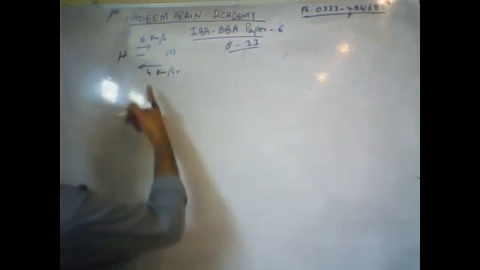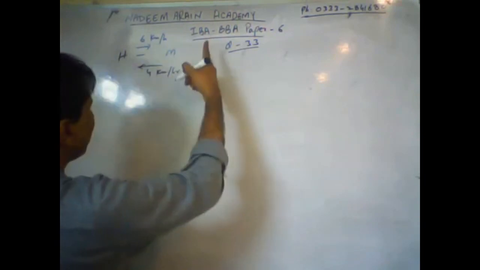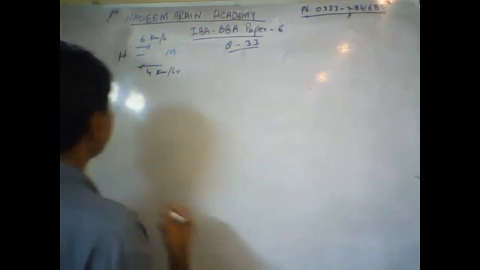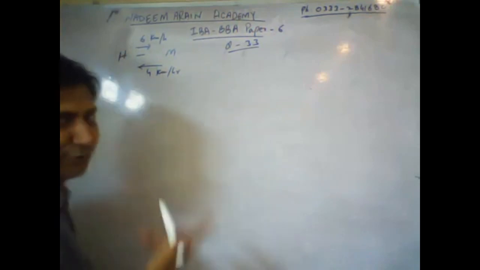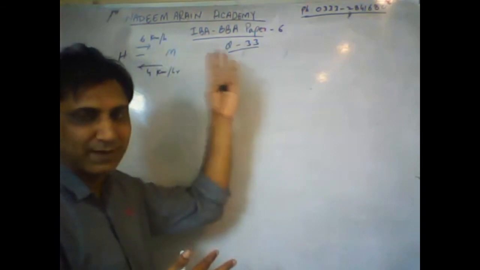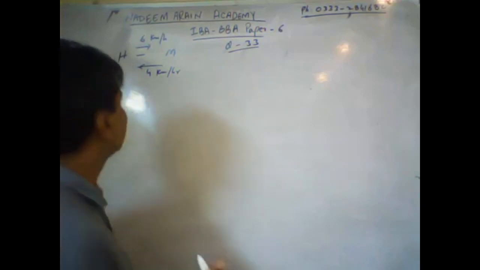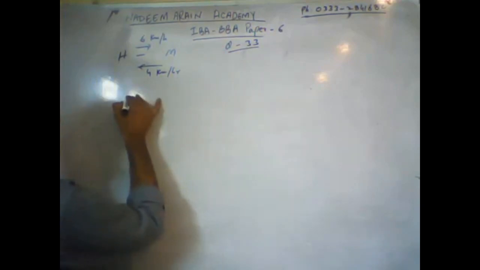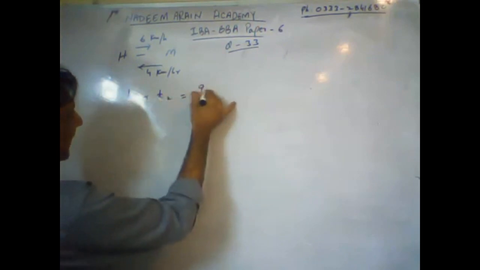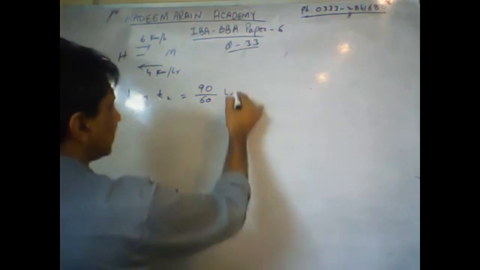The distance traveled from home to market and from market to home is the same. The time taken will of course be different, because he ran at 6 km per hour from home to market and with 4 km per hour from market to home. So the total time T1 plus T2 is equal to 90 minutes or 90 over 60 hours.